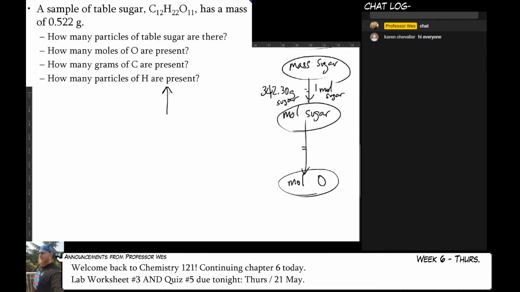How many oxygens are there per molecule? Because if I had a mole of those molecules, or a mole of sugar, how many moles of oxygen would be in that sample? Type your answer in the chat. Tell me how many moles of sugar there should be, based on what we see there.